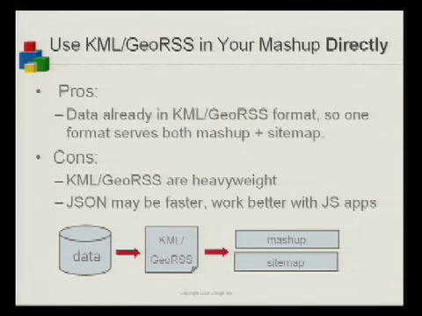JSON may be faster. It's better optimized for working with JavaScript applications. I should note, we did this slide before the Google Earth plugin came out, and I haven't done any testing, but I think KML would be pretty rapid using the Google Earth plugin. So that's another thing that you can consider.